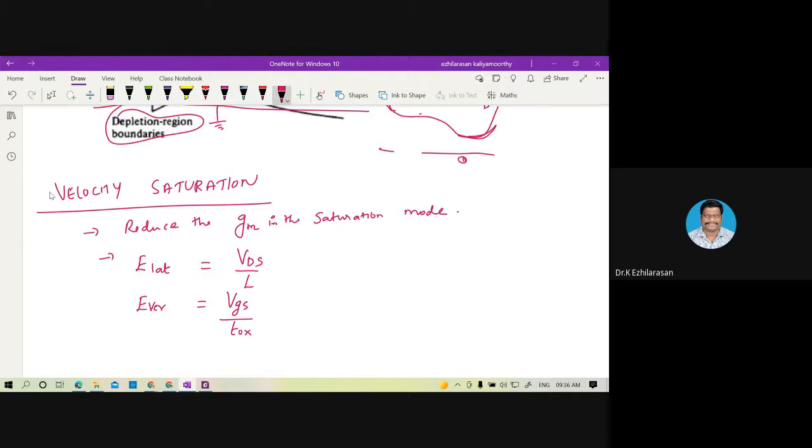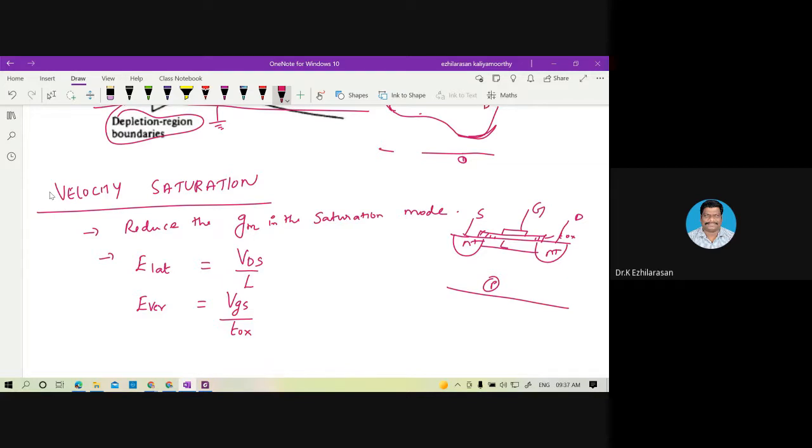We can see here: n plus, P, then this will be your channel length L, then this will be your silicon dioxide, whose thickness Tox will be there, then this will be your gate, this is your source, this will be your drain.